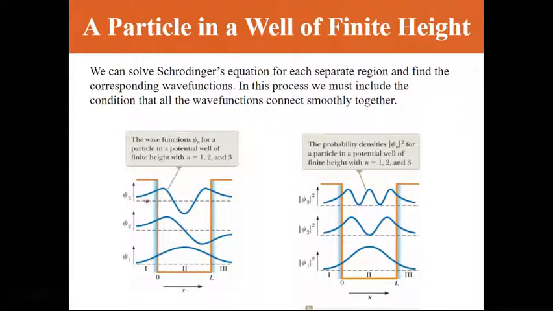You can see now that the wave function, unlike the particle in the box, doesn't flatten off right at the walls. There's still some amplitude here, which means that if you look at the probability density, there is some small chance that the particle will be found outside the well, in either region 1 or 3.